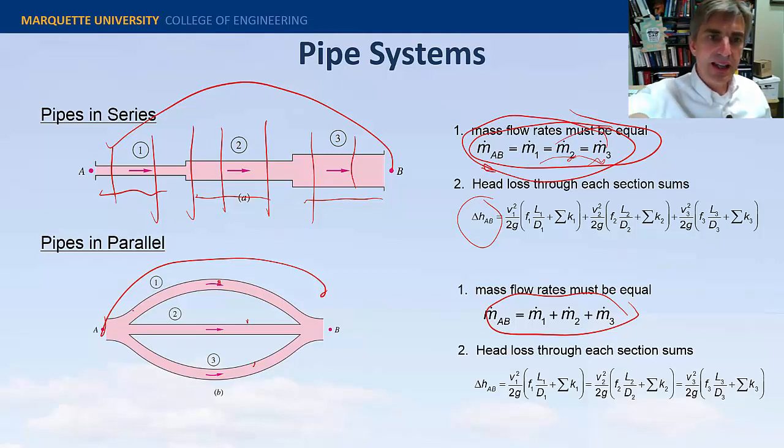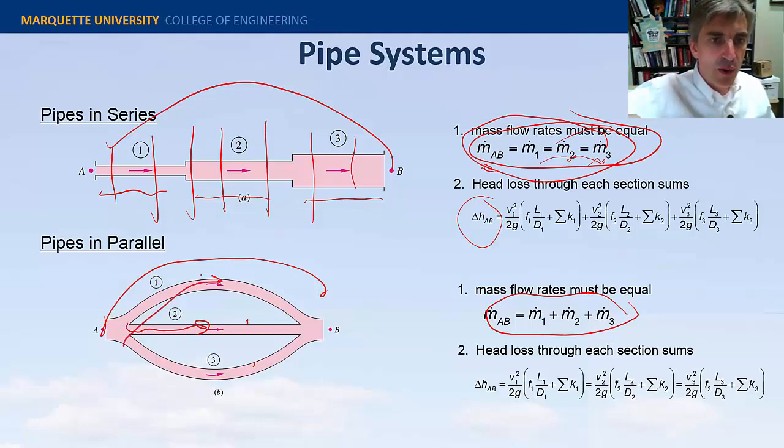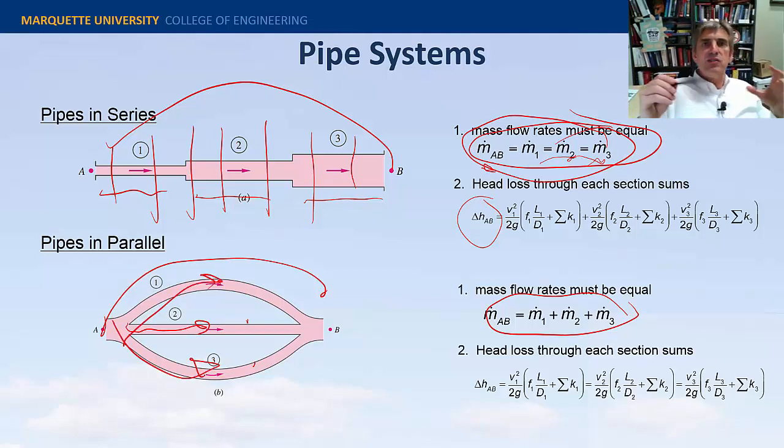So what happens is that when you first start up the system, maybe the flow rate wants to go down this pipe. The flow rate would increase until the friction got so large that flow would rather go along this way or along this way. And in so doing, the system rapidly comes to equilibrium.